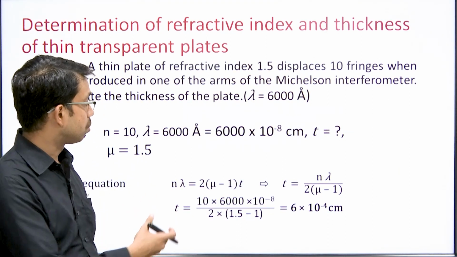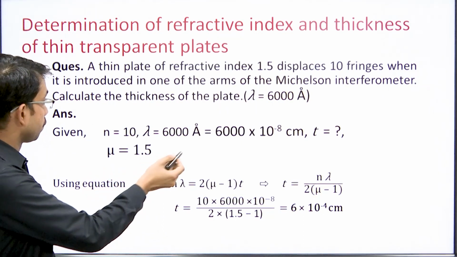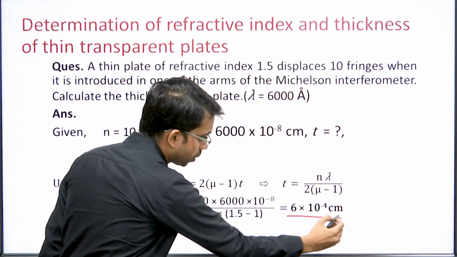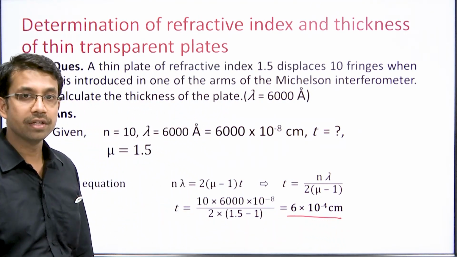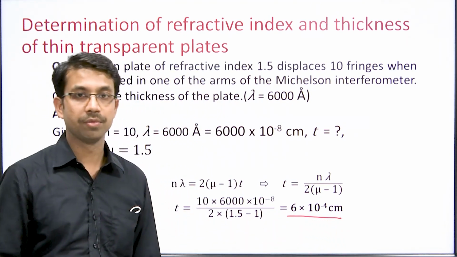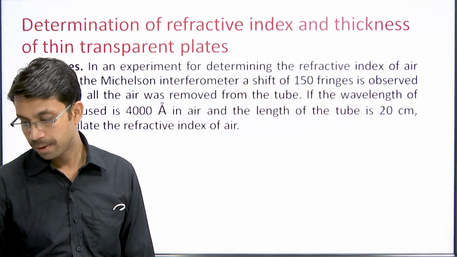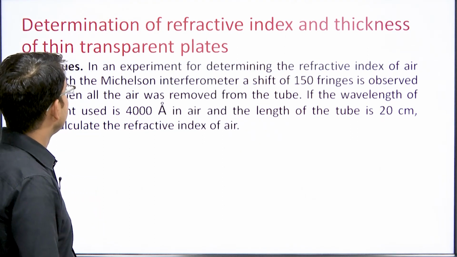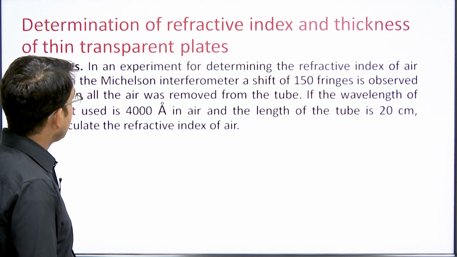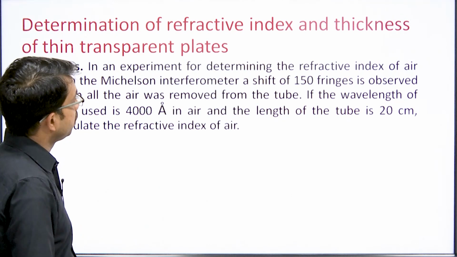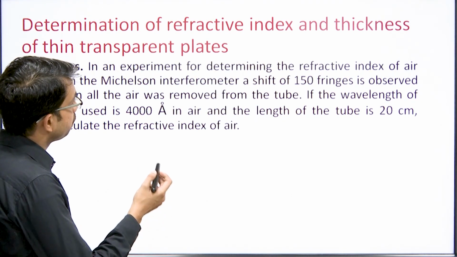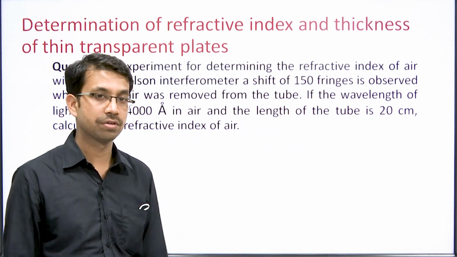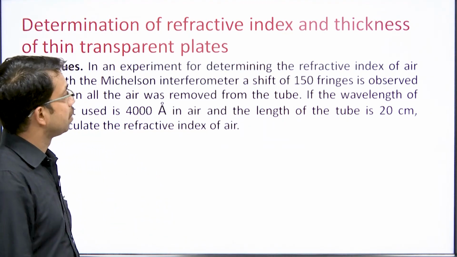Okay. So, this is the solution. Fine. T is equal to, this is in centimeters, you can convert it either in meters or in micrometers. Now, next, we will have to find out the value of mu in an experiment for determining the refractive index of air. So, we have to determine the refractive index of air with a Michelson interferometer.